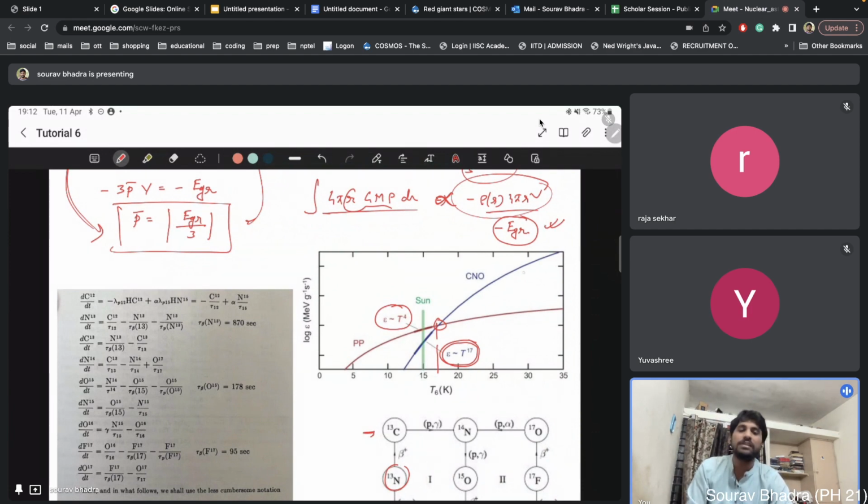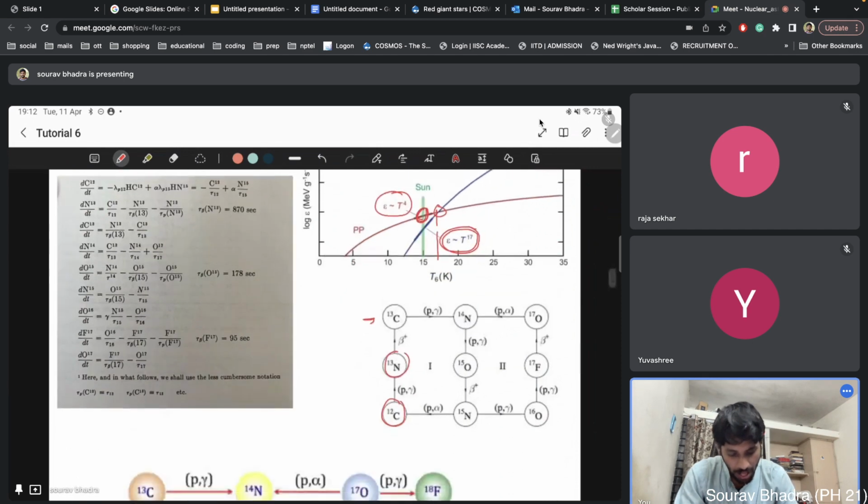So depending on the temperature, we can say whether the PP is dominating or the CNO is dominating, and the sun lies here. So for the sun, the PP is mainly dominating, not the CNO cycle. That's why I told you in the proton-proton burning, a very small amount of CNO cycle will be contemporary with that proton-proton reaction, not dominant. But for larger mass it can be dominant, because for larger mass the temperature will be larger, so the CNO cycle can dominate.